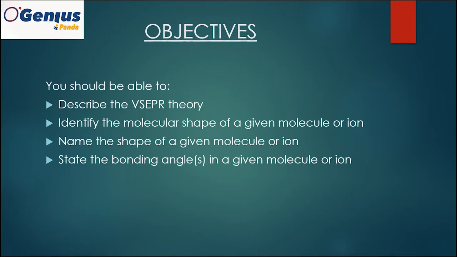You should also be able to identify the molecular shape of a given molecule or ion, name the shape of a given molecule or ion, and finally, state the bond angles for a given molecule or ion.